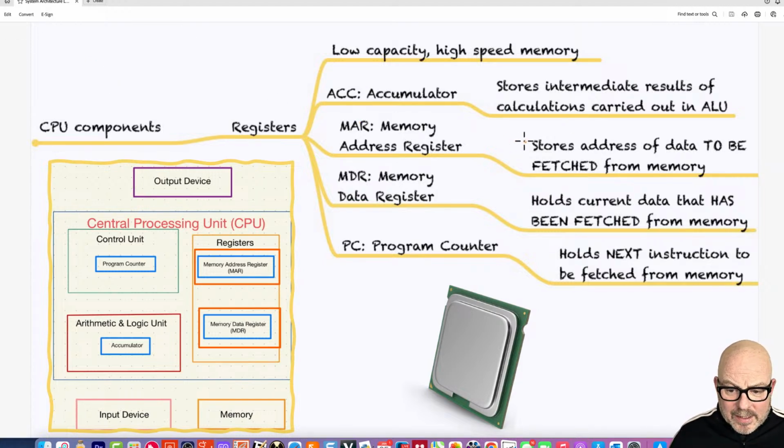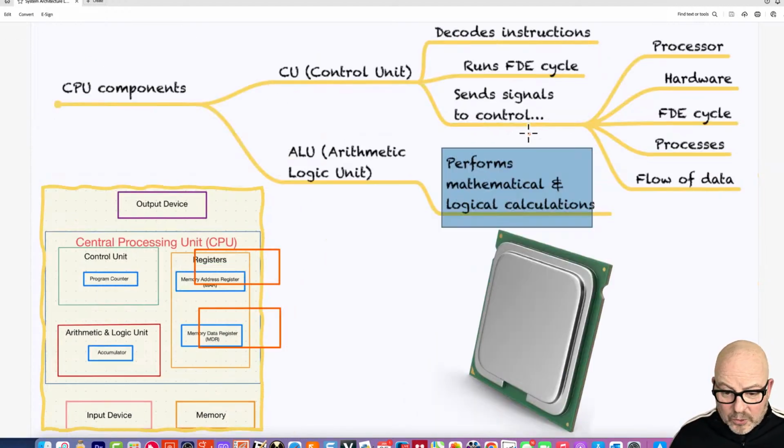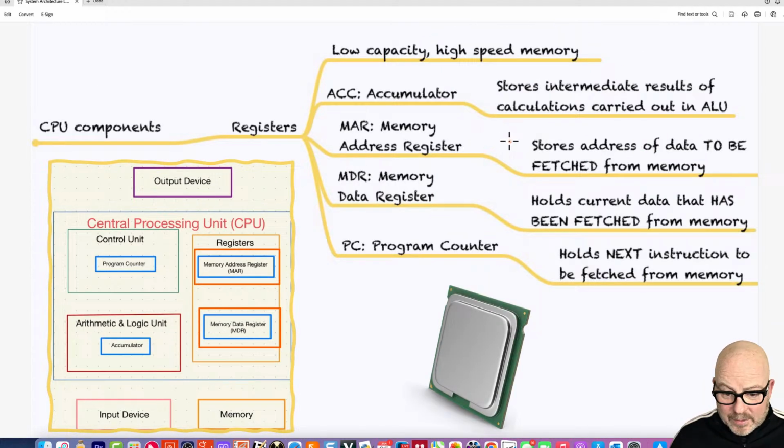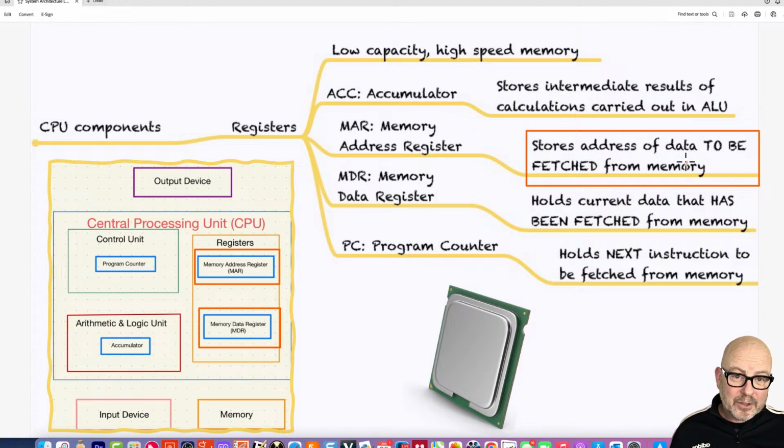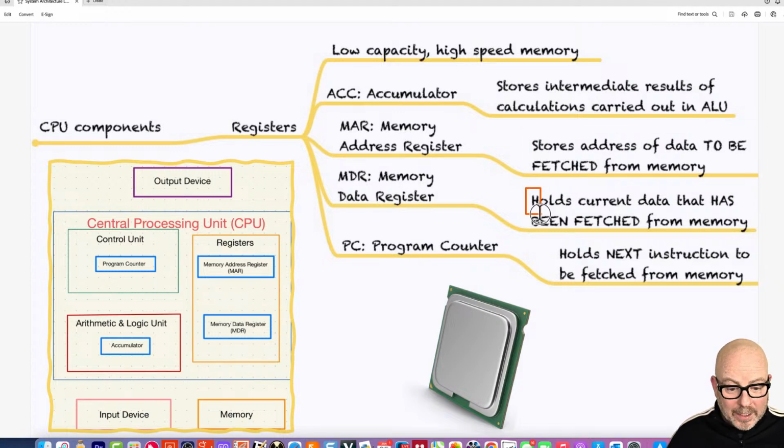All right, so that is the memory address register. And what does it store? And by the way, I want to go back to there. What does it store? It stores the address, so where the data that's going to be fetched from RAM is. It stores the location of where the data is stored in random access memory. And then you've got the MDR, which is this guy here.